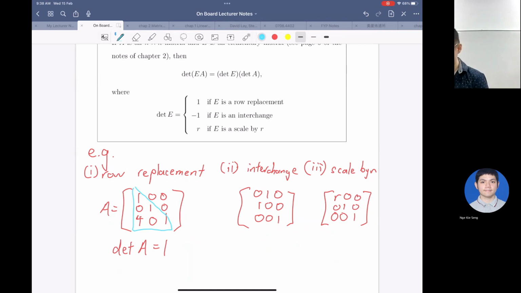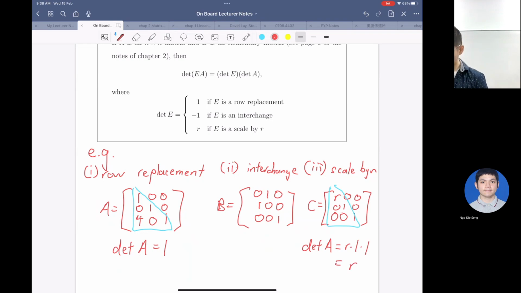So the determinant doesn't change. Let's look at 2 later, maybe look at 3 first. Scale by R is also a triangular matrix, in particular a diagonal matrix. So the determinant is R times 1 times 1, which is R.